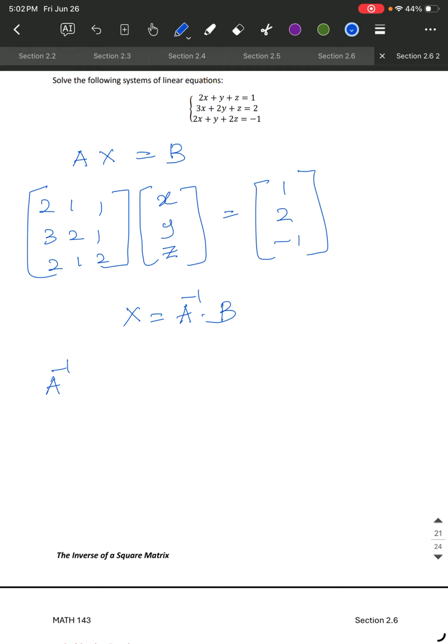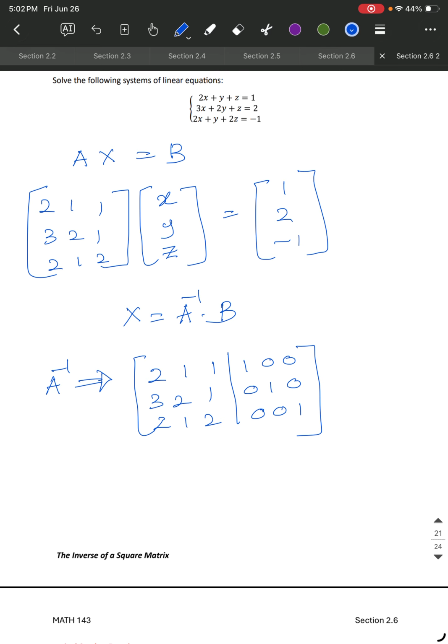To find the A inverse, this is a 3 by 3 matrix. I would prefer to use the augmented matrix one with the row operations. Try it by yourself.